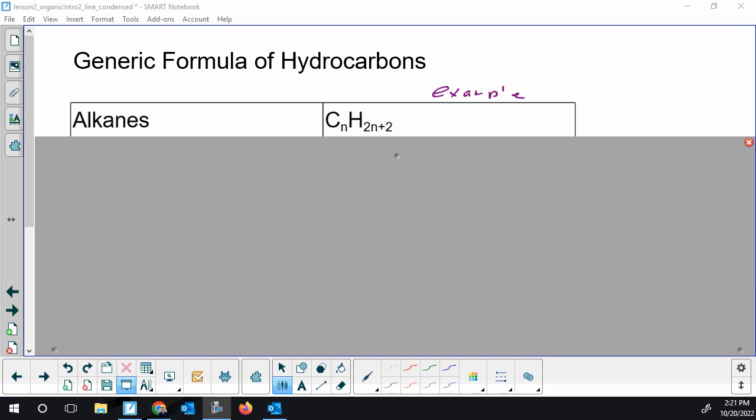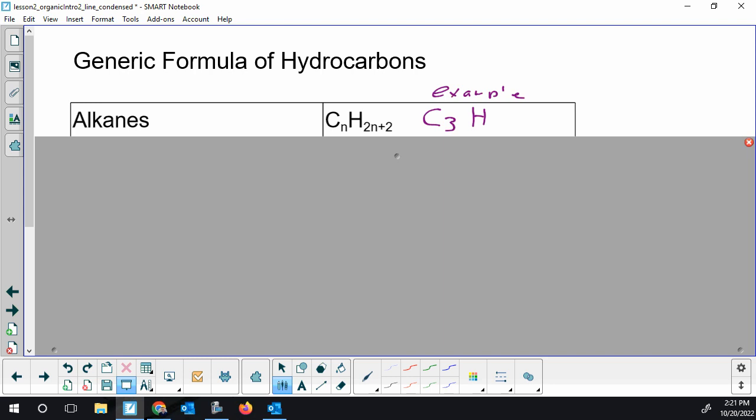So an example of how we can quickly predict the hydrogen count: if I have propane, C3, I don't have to draw this out to know how many hydrogen if I know it's propane, A-N-E. I can take the carbon count, which I'm calling n, and double it and add 2.